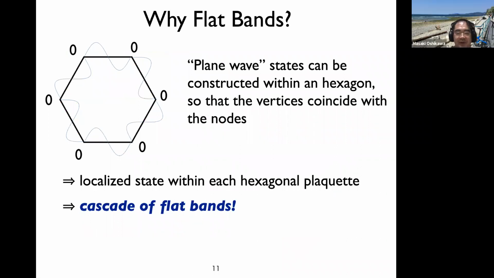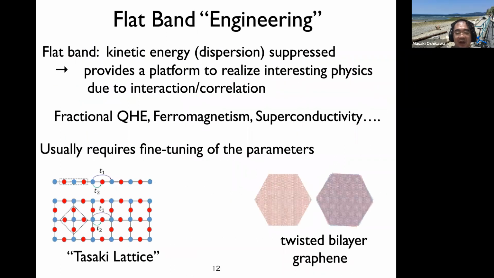So we have a bunch of flat bands. I don't think I have to say this for you guys, but flat band is quite interesting because it is a limit in which the kinetic energy is suppressed, so the correlation energy becomes dominant.